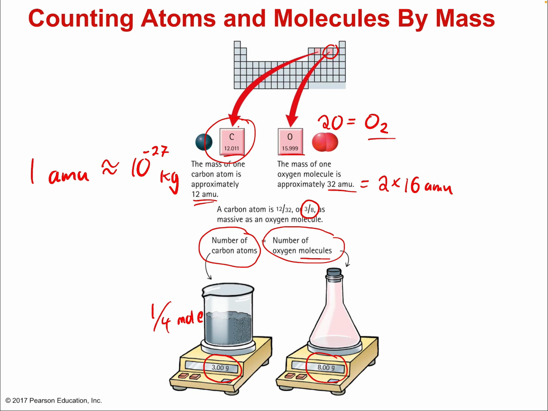So if you have an atomic mass of 12 AMU, then 1 mole would weigh 12 grams in the case of carbon. And 1 mole is 1 Avogadro's number worth of individual atoms or molecules, depending on if the compound exists in an atomic state or a molecular state. We'll review what Avogadro's number is in just a second.